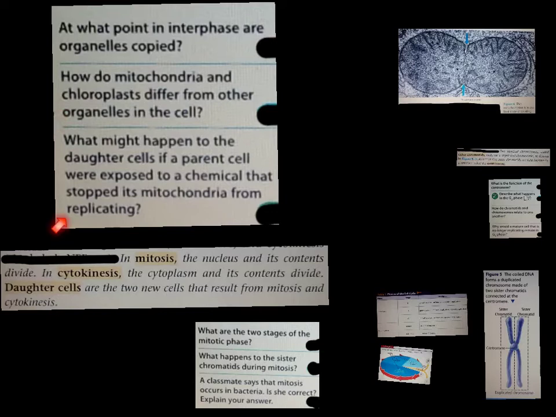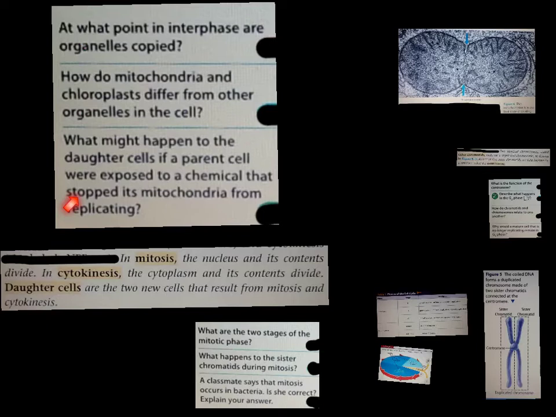And the third one, what might happen to the daughter cells if a parent cell were exposed to a chemical that stopped its mitochondria from replicating? So pick one of those three to write down in your science journal and attempt to answer it from the information that we've given you.